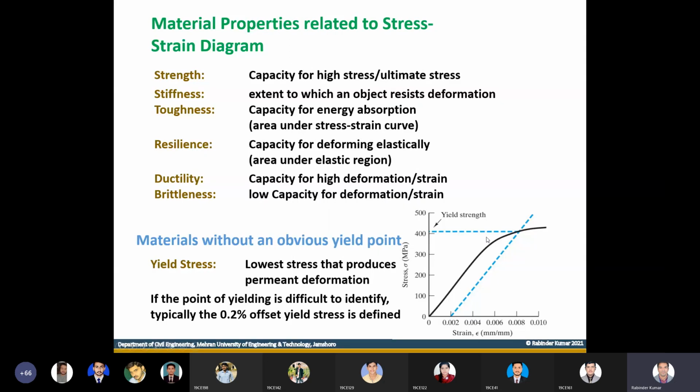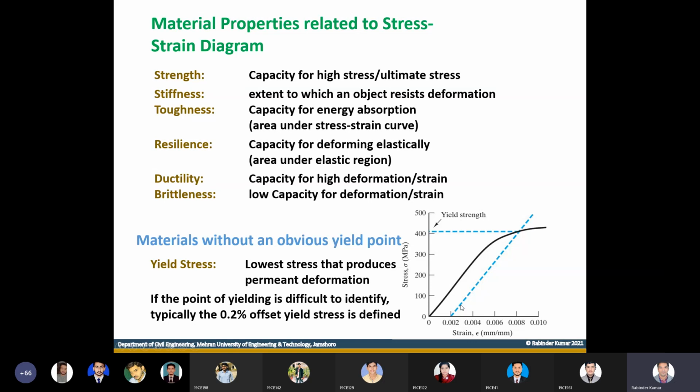So what do we do in this? This is the curve, the smooth curve, the black line. Just focus on this firm line, not the dotted line. This is the smooth curve, so you will not have a clear yield point. To find the yield point in such a material, what we do is, horizontal represents the strain and vertical is the stress. At 0.2% strain we draw a line parallel to this curve.